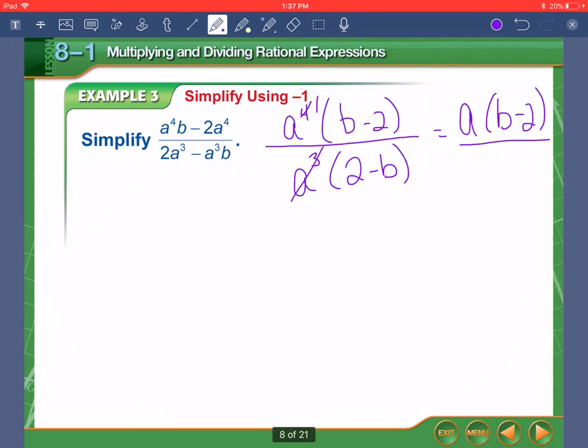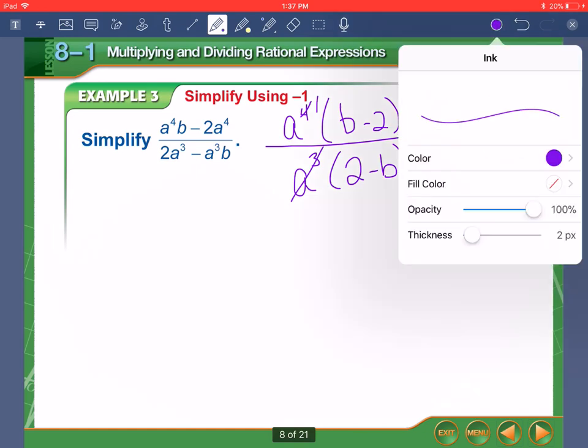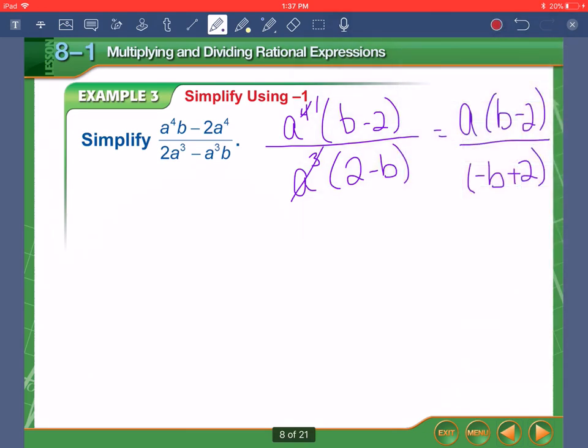In the denominator, I'm going to rearrange it and write the b in the front. So my denominator is negative b plus 2. Now, looking at my numerator and my denominator, they are very similar, except that the b's are opposite signs, one positive, one negative, and the 2's are opposite signs, one positive, one negative.